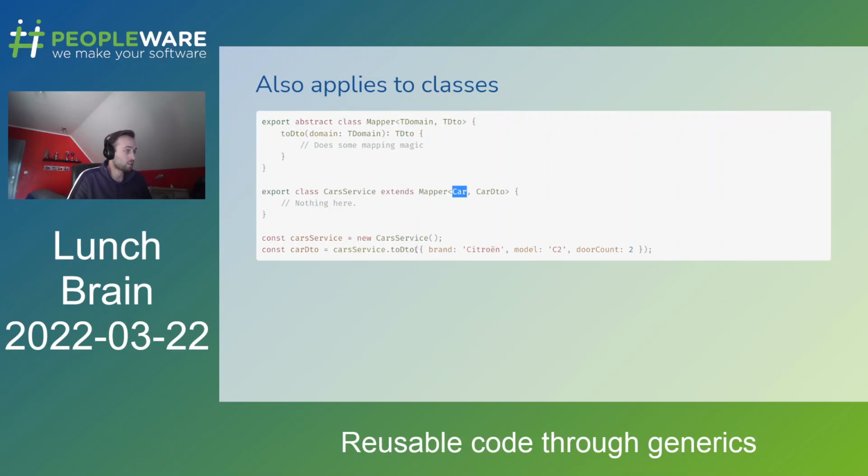So when we call this toDTO function, this object has to match the car interface, otherwise the compiler would complain. And also the car DTO const in this case will immediately be typed as the car DTO. So we have our type safety later on.